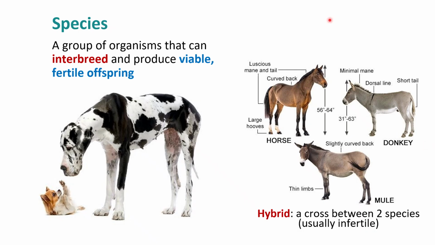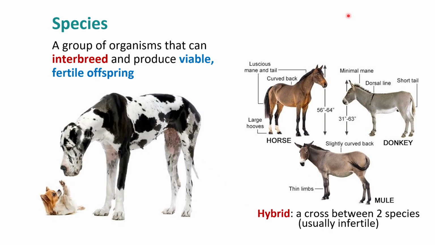Sometimes individuals from two species could reproduce and give rise to what we call a hybrid individual. So we can see a horse and a donkey mating to produce a mule, right? However, hybrids are usually infertile and won't be able to reproduce. If you think of it from a chromosome number perspective, it makes sense.